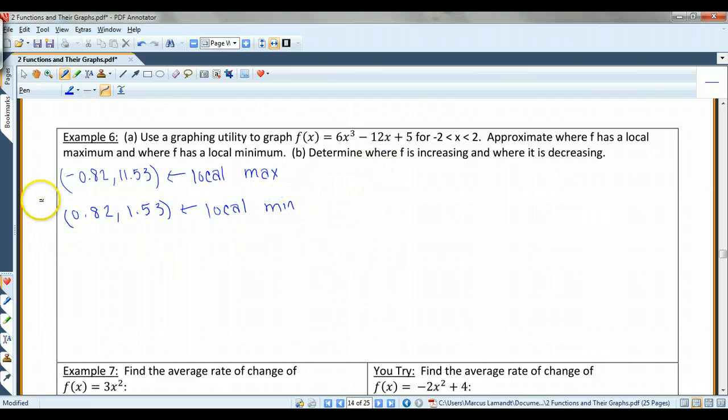Okay, now, so this was part A. Part B says determine where f is increasing and where it's decreasing.